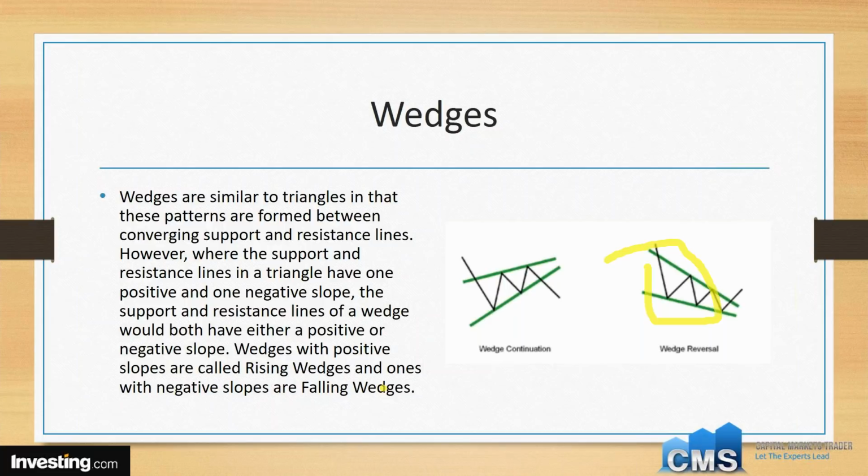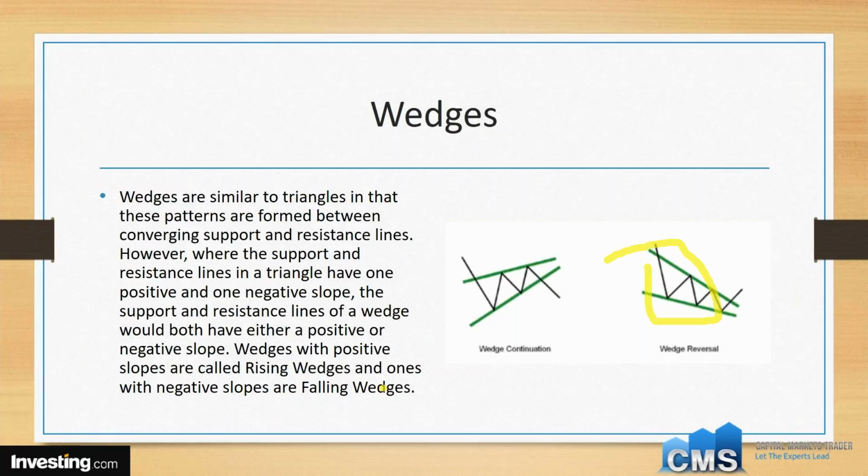However, where the support and resistance lines in a triangle have one positive and one negative slope, the support and resistance lines of a wedge have either both a positive or both a negative slope. Wedges with positive slopes are called rising wedges, and wedges with negative slopes are called falling wedges.